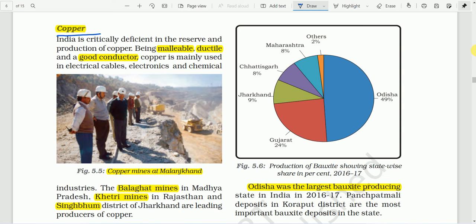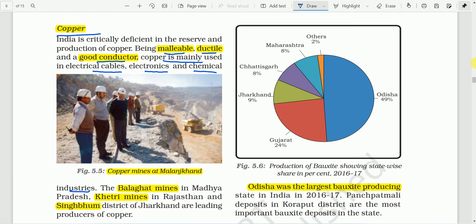Now let us learn about the characteristics or the properties of copper. Being malleable, ductile, and a good conductor, copper is mainly used in electrical cables, electronics, and the chemical industries.